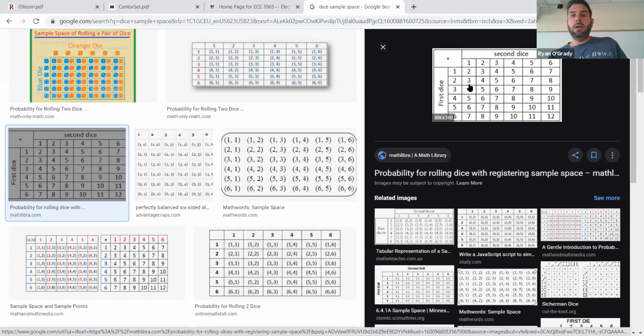In the second row, I have 1, 2, 3, 4, right? So I have 4 in the second row. In the third row, I have 1, 2, 3 now. And then in the fourth row, I have 1, 2, 3.